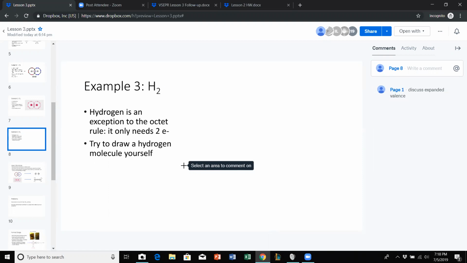And by the way, you might have heard of dot and cross diagrams. I don't use them, but it might be helpful for you. To use a dot and cross diagram, you represent the electrons coming from one atom as a dot, and from the other atom, you use a cross.